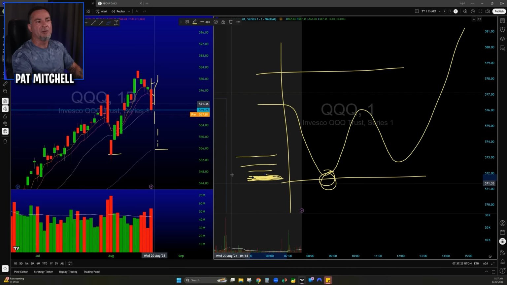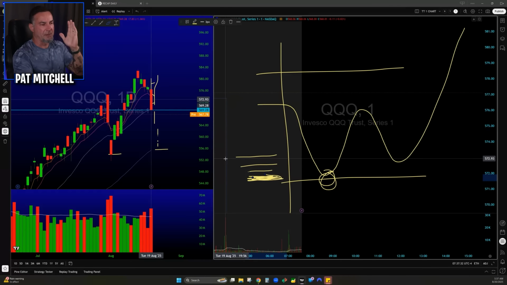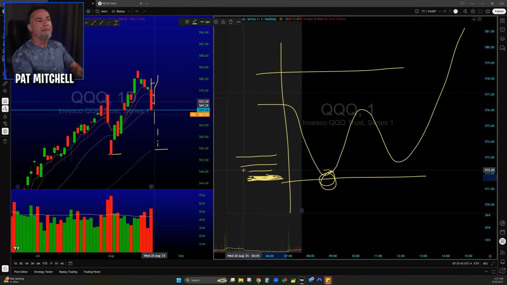Let me give you some context here. If this first block of orders is only 100 shares, and I'm going to use small numbers, the numbers are way bigger, but just to put it into perspective, the first is 100 shares. Next, as it's getting closer into support, might be 300, and then 500.